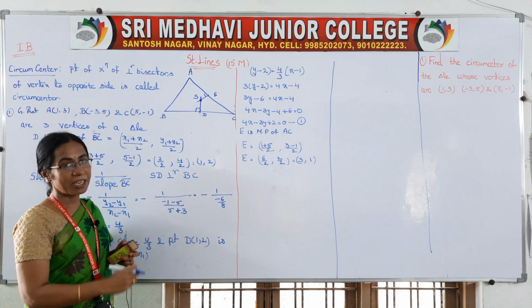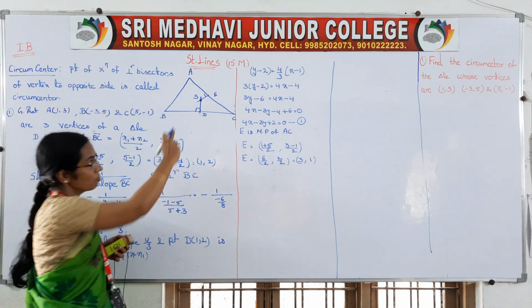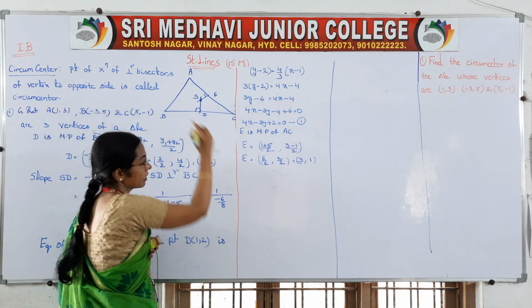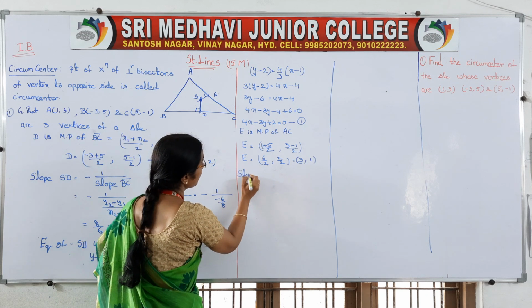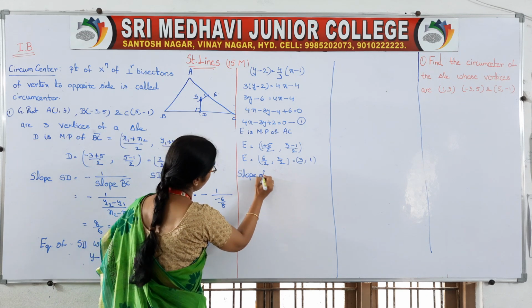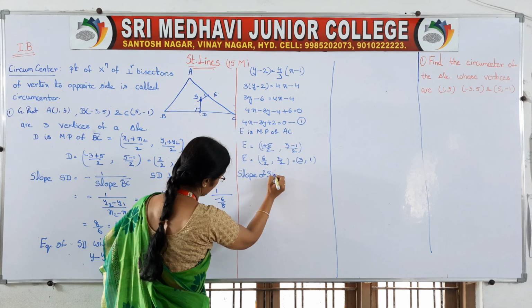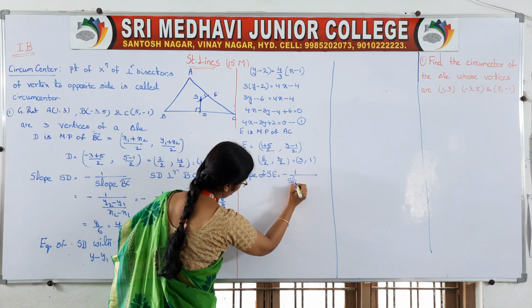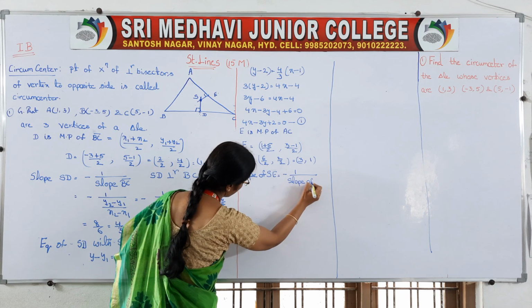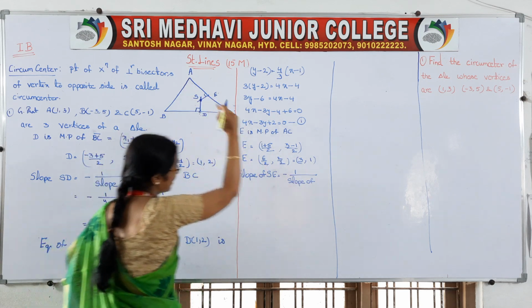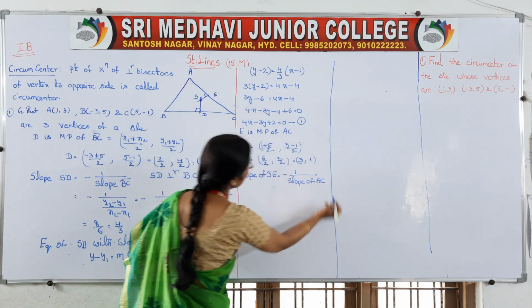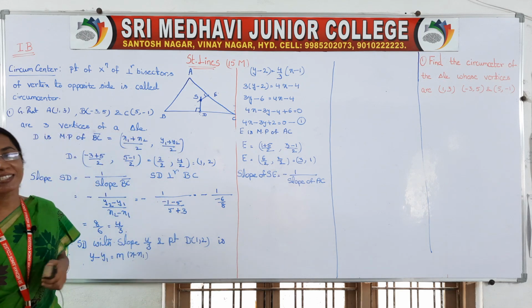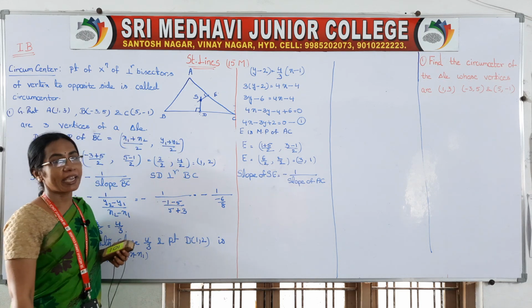So we got E. Now we have to find the slope of SE. How will we find it? The slope of SE is equal to minus 1 by the slope of AC. Why is it like that? SE is perpendicular to AC.